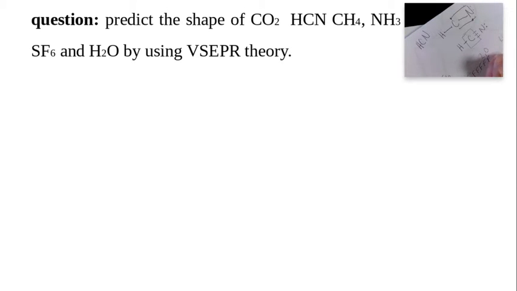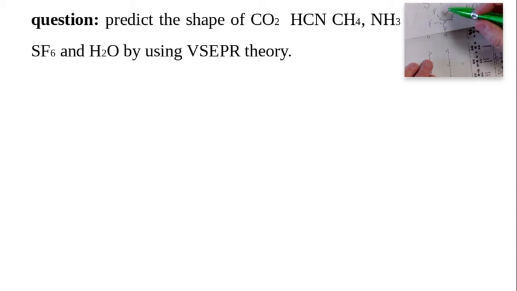So here around sulfur we have 6 to 0. So 6 to 0. I look on my sheet here. I have to go all the way down. 6 to 0 is my octahedral. So that sulfur hexafluoride right here is that octahedral.